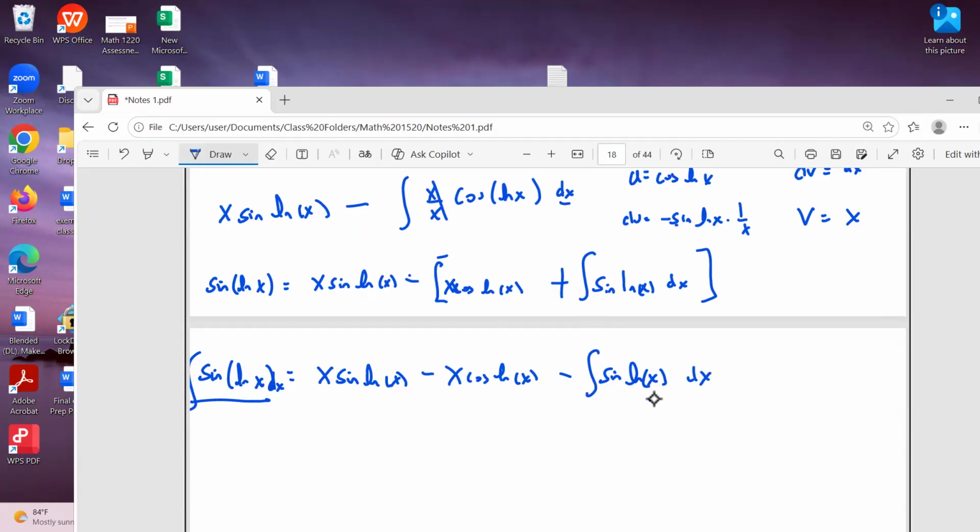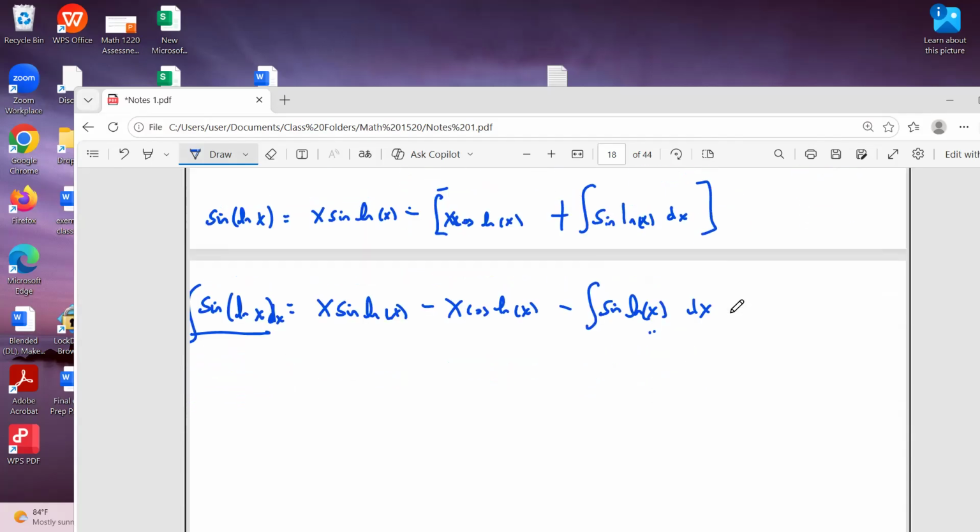And here it sits. So what we're going to do is add it to both sides. We have 2 times the integral of sine ln x dx equals x sine ln x minus x cosine ln x.